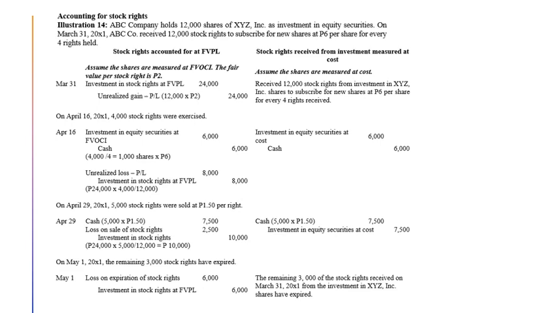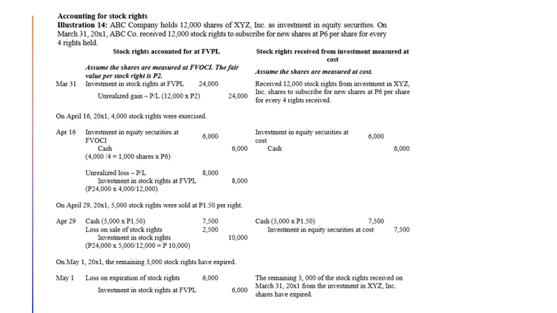So, therefore, yung 4,000, i-divide natin by 4. So, ang number of shares lang na pwedeng mabili pag in-exercise yung 4,000 is only 1,000 shares. Ulitin ko, dahil 4,000 yung in-exercise niya, i-divide mo siya ng 4 kasi kailangan ng 4 na rights for 1 share. So, 4,000 divided by 4, meron lang tayong 1,000 shares na pwedeng bilhin at 6 pesos.